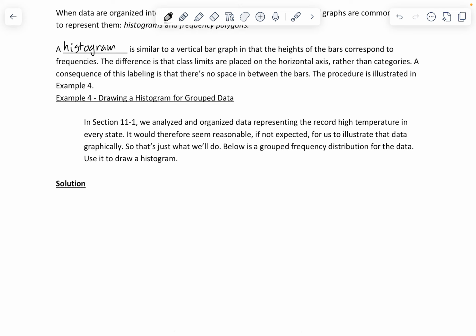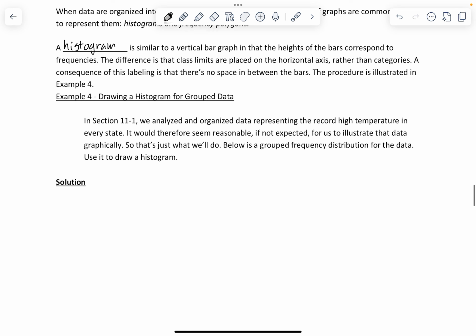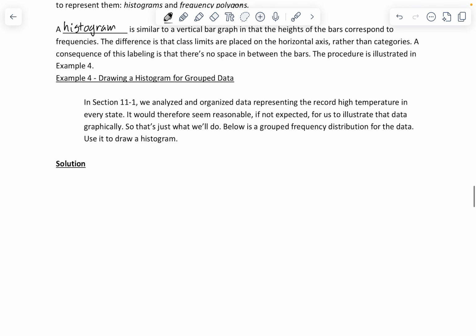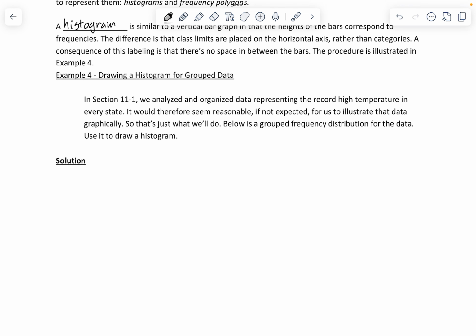So that's just what we'll do. Let me just redraw the grouped frequency distribution. And this is exactly the one that we did in the example in the previous section. So if you need to review that section of the video, you can go back and do that.